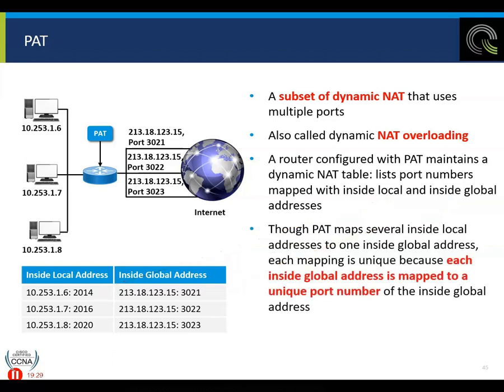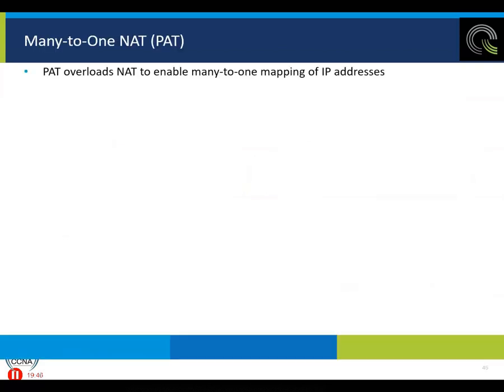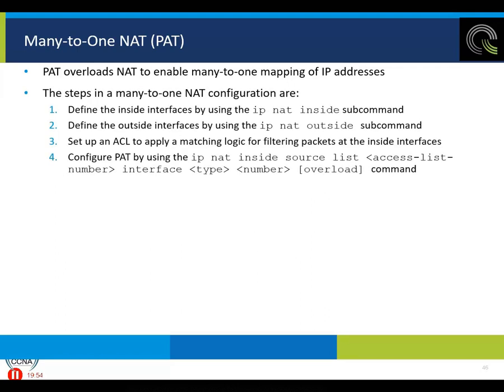It maps several inside local addresses to one outside global address. Each of them has a different port number, and because they each have a different port number, the many-to-one PAT overloads NAT to enable many-to-one mapping of the IP addresses by using the port.